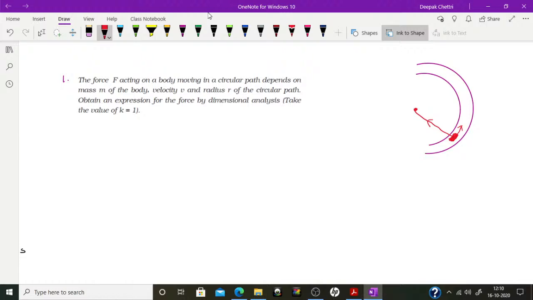For the car to remain in the circular path, there is some kind of a force that is pulling the car towards the center, and that force is called your centripetal force. We will learn about this in one of the chapters. So this force is the force that is pulling the car towards the center, and if this force was absent, then the car would skid off, it would not go on the circular path. That's what I'm saying. Is it clear?